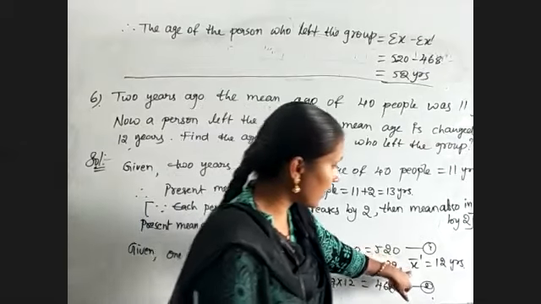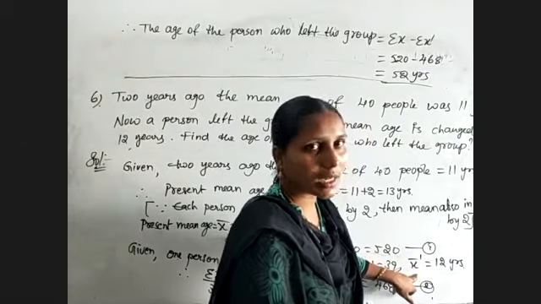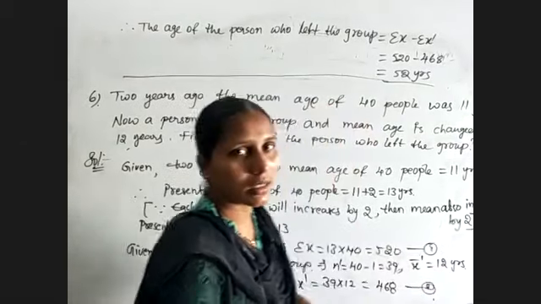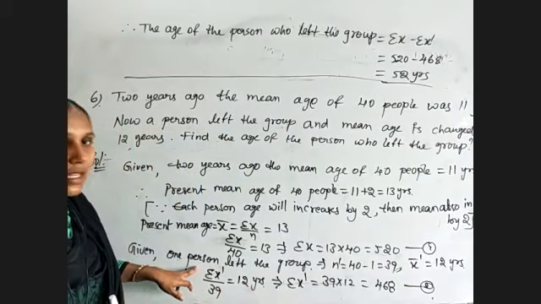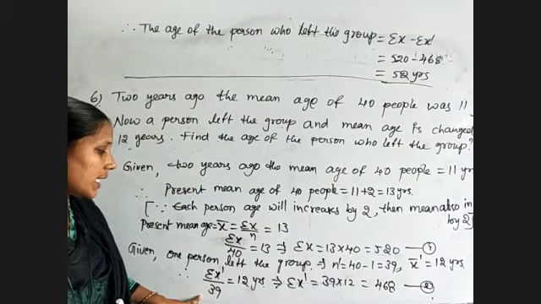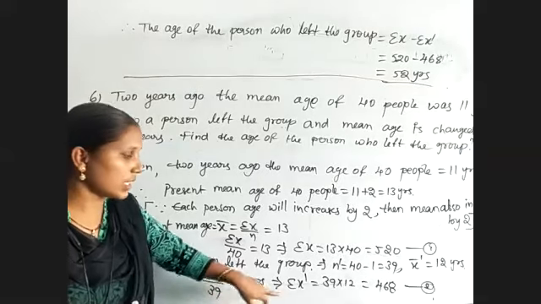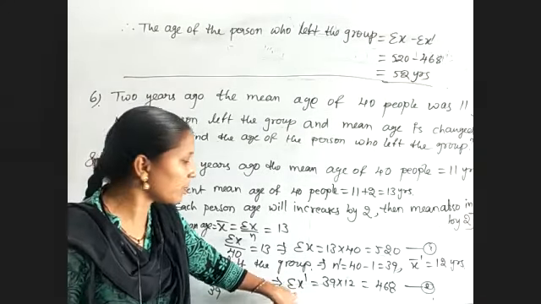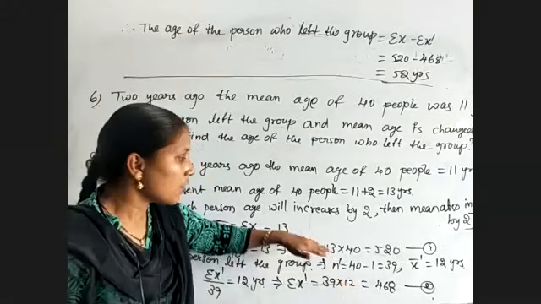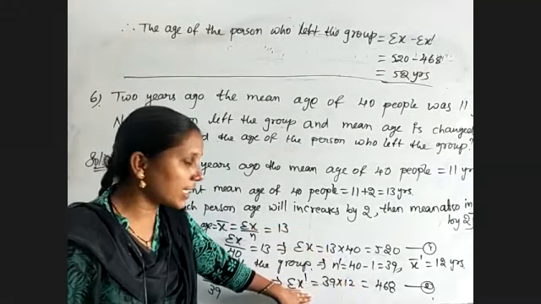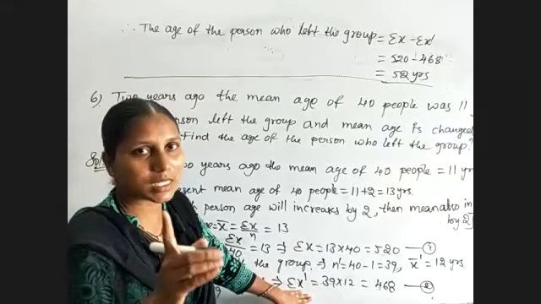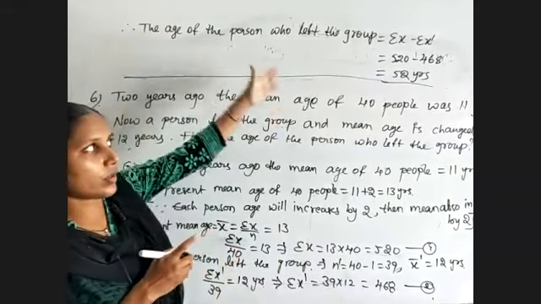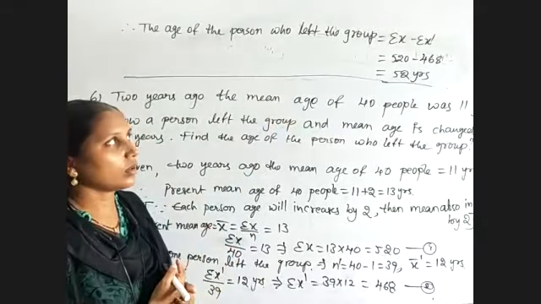Then they have given the new, changed mean as 12 years. Then the changed sum divided by 39 people is equal to 12 years. So the sum of the ages of 39 people will be equal to 468. 40 people's ages minus 39 people's ages, we will get the one person's age who left the group. So that is nothing but 52.